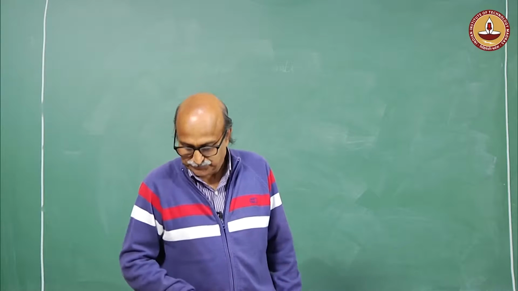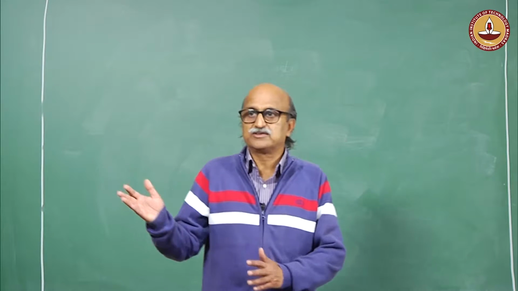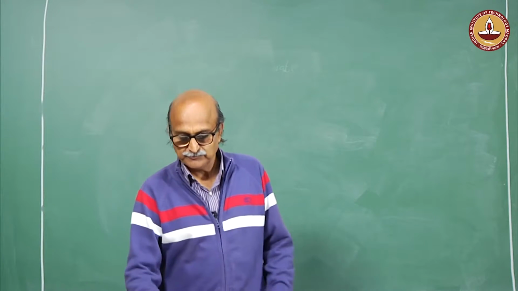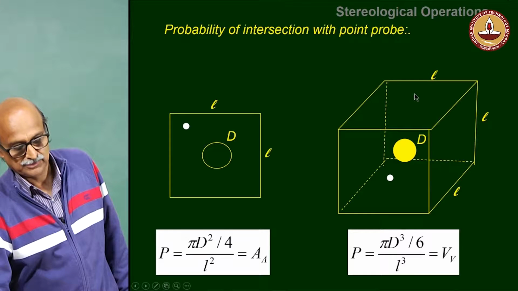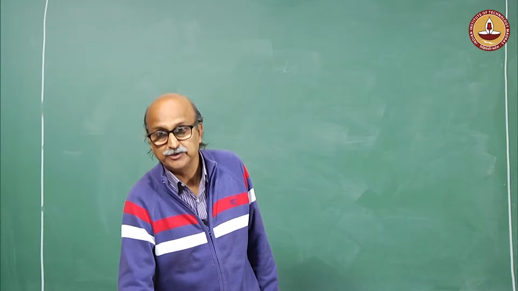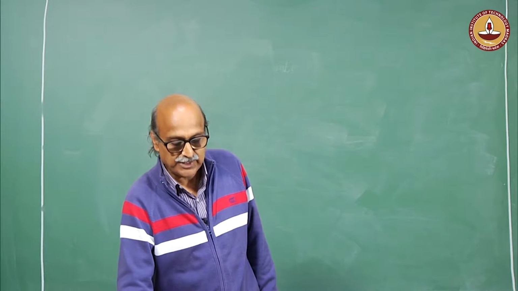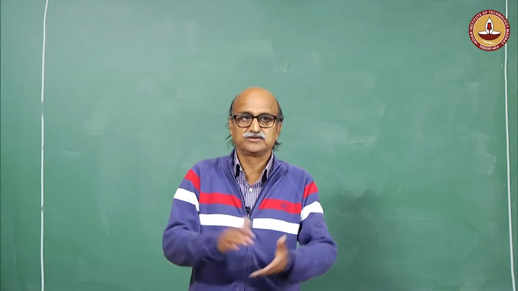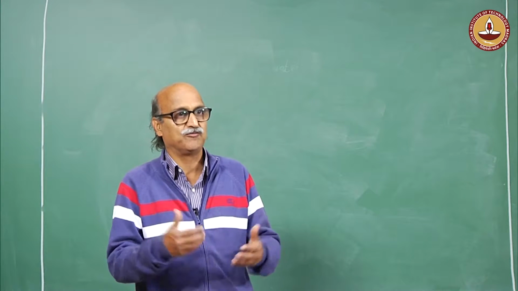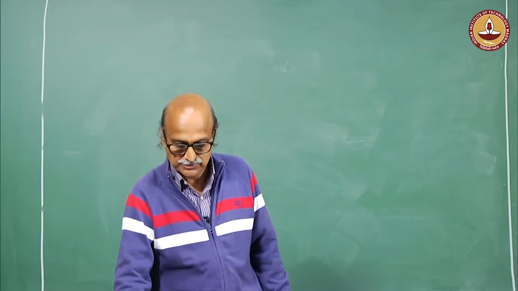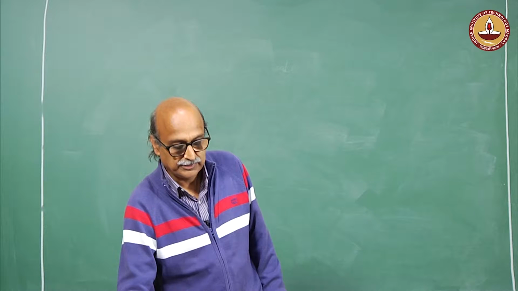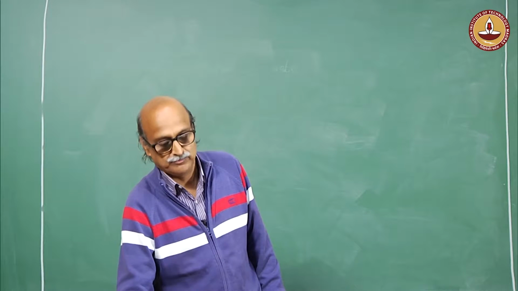Now, we can extend this idea from 2 dimensions to 3 dimensions, where I have a spherical object in a cubic volume of L into L into L, and if I drop a point randomly in this cubic volume, the probability that this point will fall inside the spherical object of diameter d is simply the volume of the object divided by the total volume of the cube.